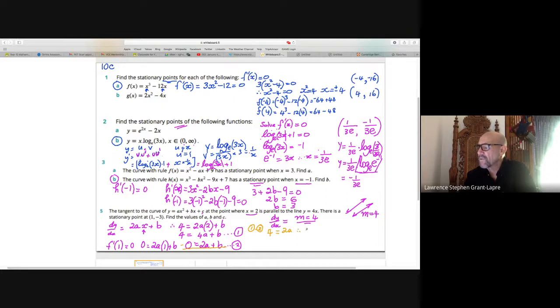Therefore, a is 2. If a is 2, let's substitute that into equation 1. And we get 4 equals 4 times 2 plus b. So 4 equals 8 plus b. So therefore, b has to equal negative 4.